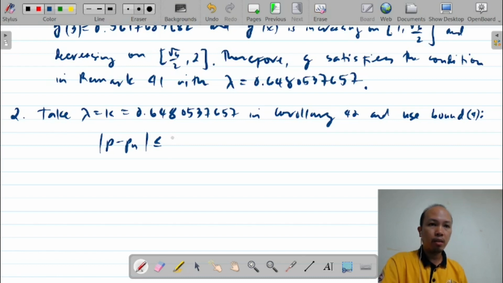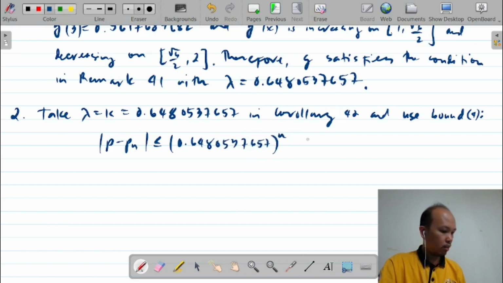So our lambda or k to the n is this value, 0.648 0537 657 to the n, and then max of p sub 0 minus a, our a is 1, and b minus p sub 0.